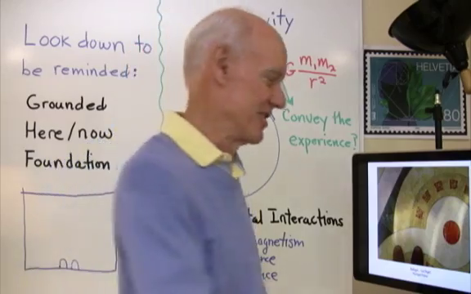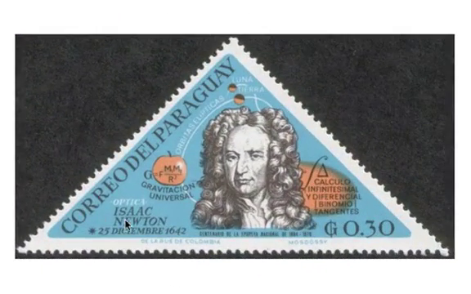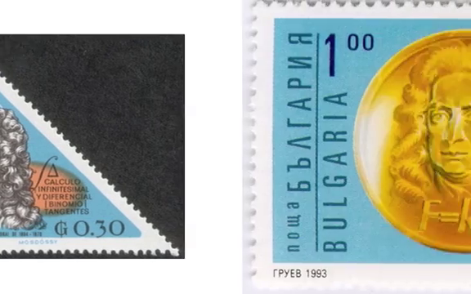I'll show you a couple other things. Just to reinforce how important this formula is, here's a postage stamp from Paraguay about Isaac Newton, who's credited with discovering the formula for the gravitational force between objects. Here's that formula right on the postage stamp.